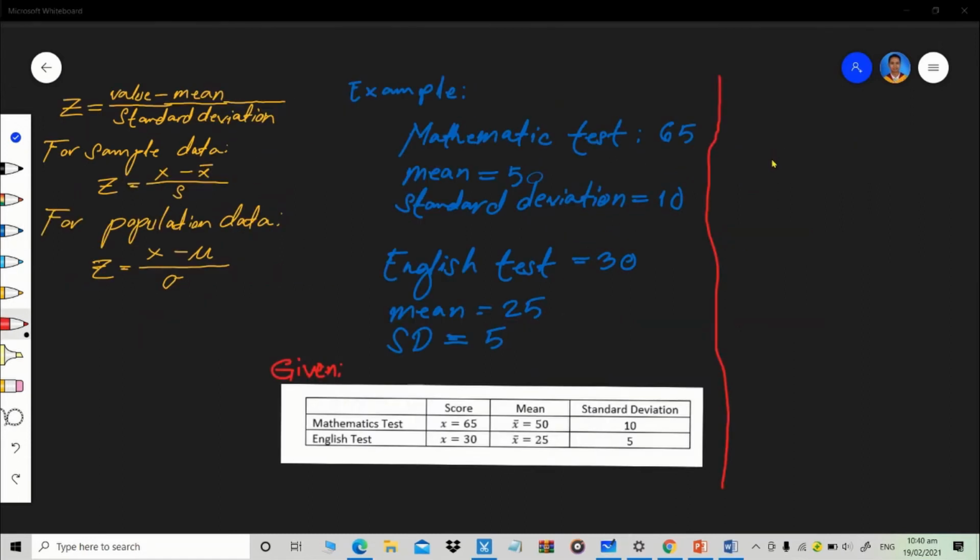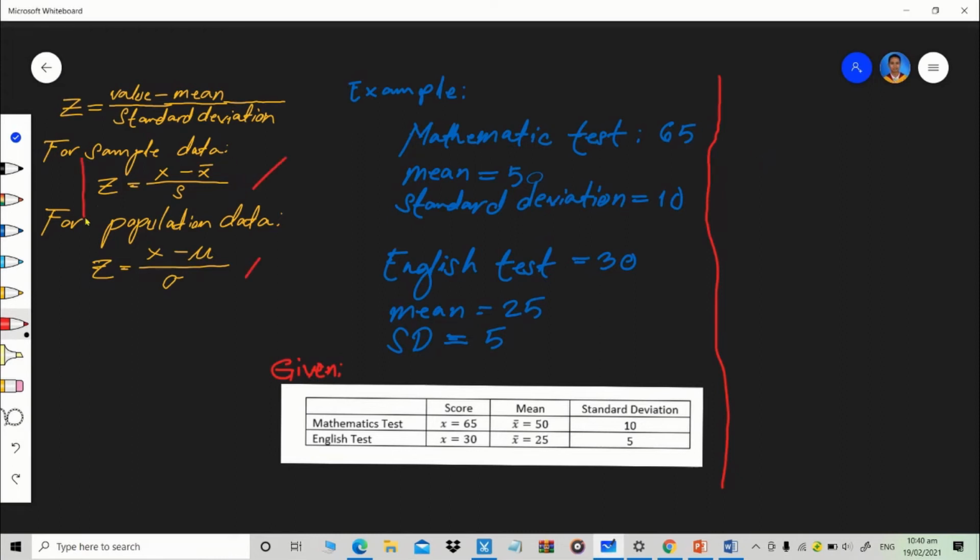Okay, solve na natin. Pero bago natin i-solve, i-assume natin yung data natin is a sample data. Itong mathematics test score and English test is a sample data. Since nag-assume tayo na yan ay sample data, so anong formula yung gagamitin natin? Ito yung gagamitin natin, itong sample data.